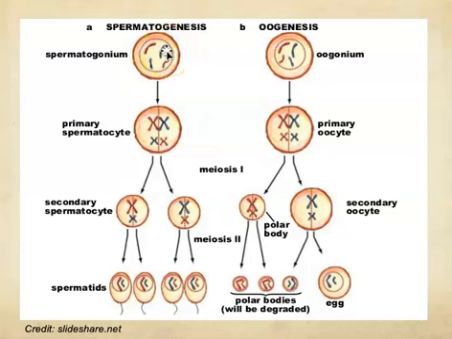Now, when it goes through the first meiotic division, when it gets to late prophase 1, these chromosomes, which will be replicated during the S phase, that's why we see them as X's now instead of individual lines. They're going to cross over during late prophase 1.